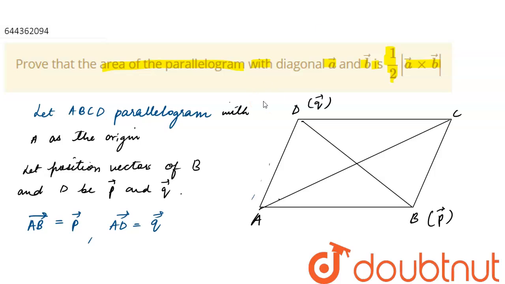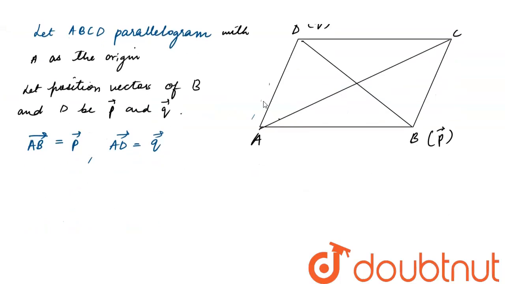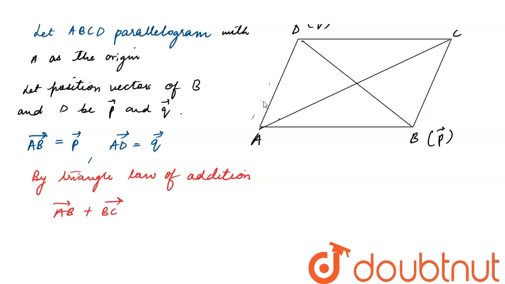And in this triangle that is forming ABC, by the triangle law of addition, what we will have is AB vector plus BC equals AC.